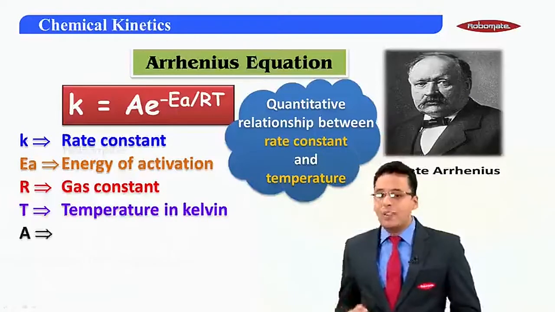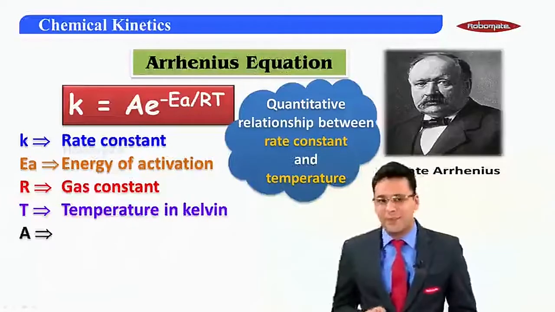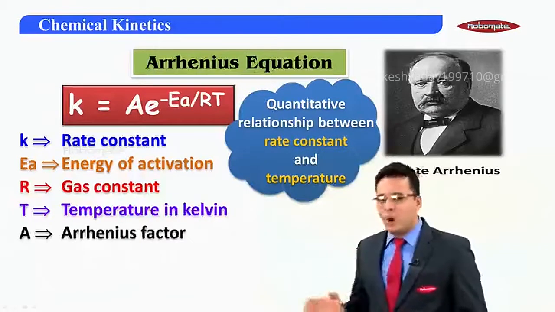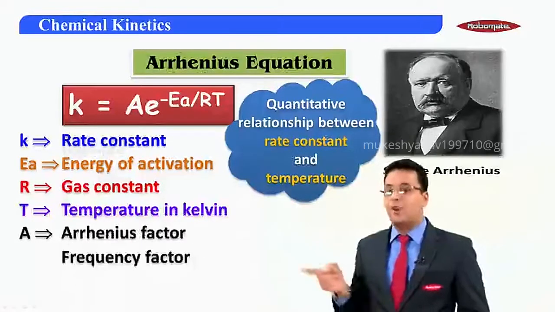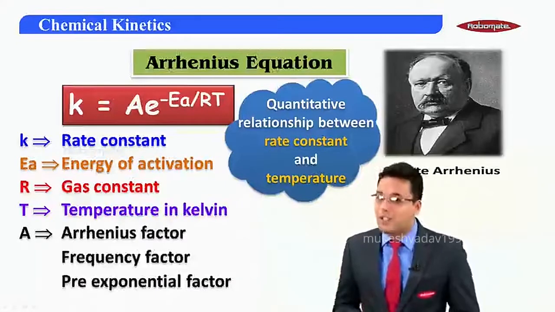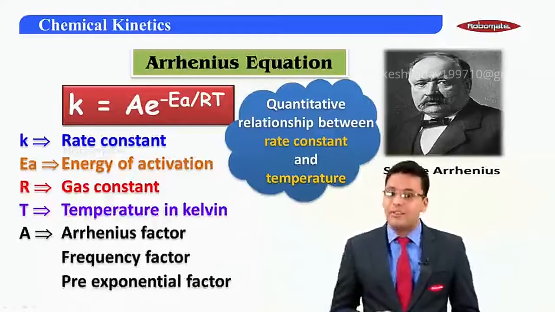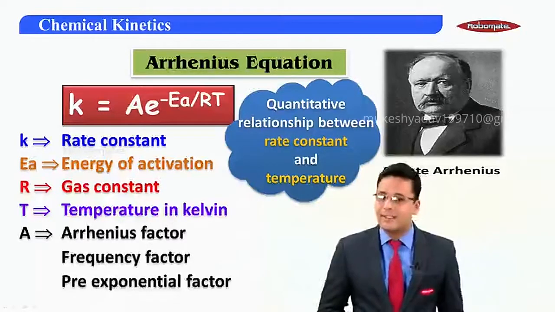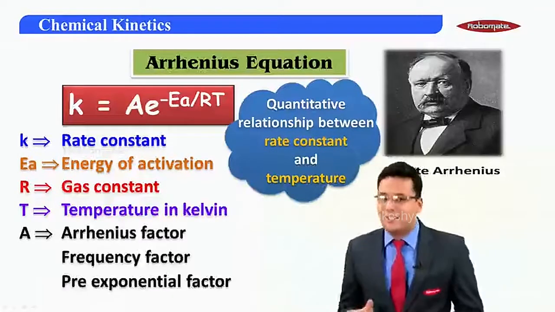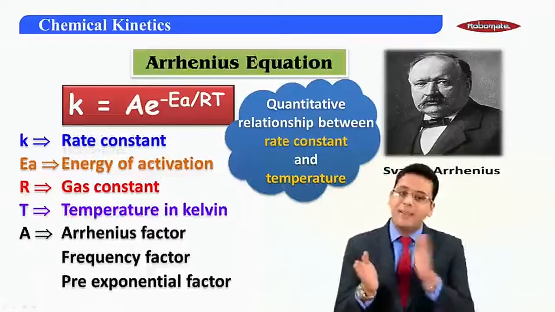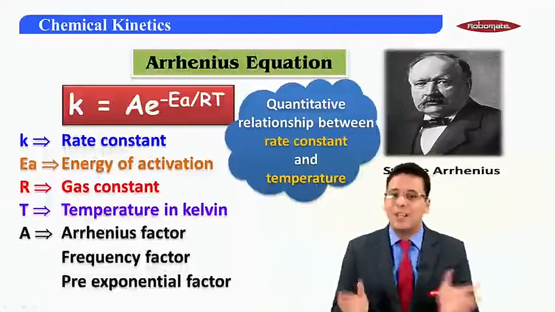And then you have something called A over here. This A is called the Arrhenius factor. It's also called the frequency factor, and the pre-exponential factor. All these three are names of this value called A. What A essentially does is that it keeps the left side and the right side of the equation equal.